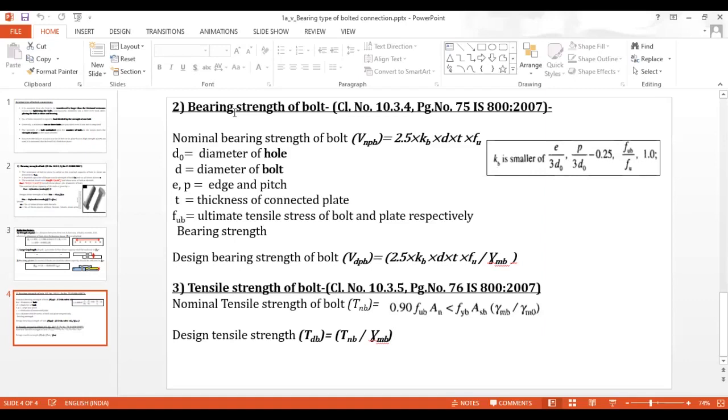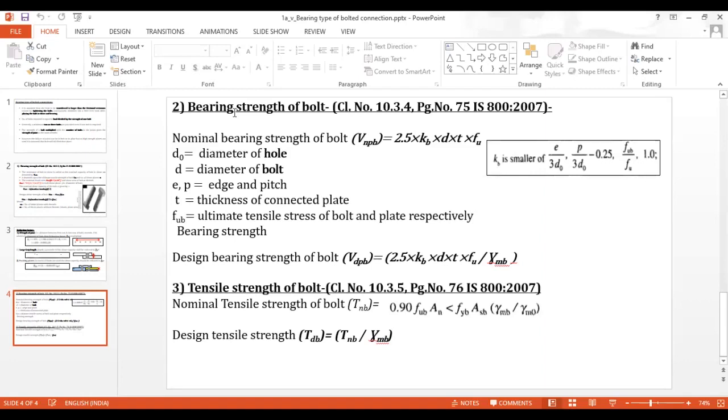Then the third strength is the tensile strength of the bolt. It is calculated by the formula from clause number 10.3.5, page number 76 of IS 800:2007. The nominal tensile strength of a bolt TNB is equal to 0.9 fub into An, which should be less than fyb into Asb into gamma mb upon gamma m0.